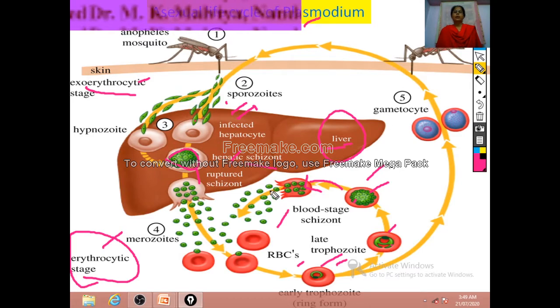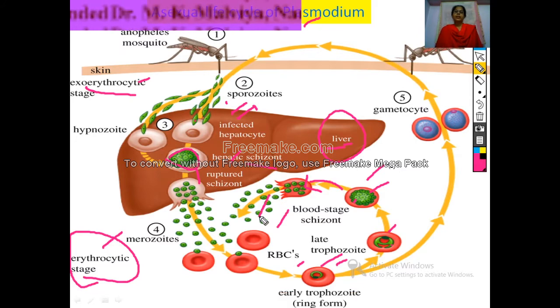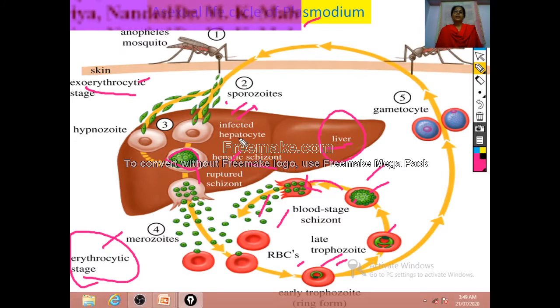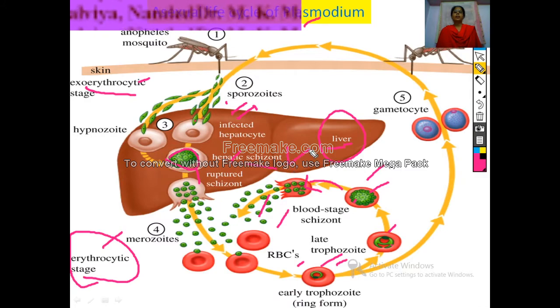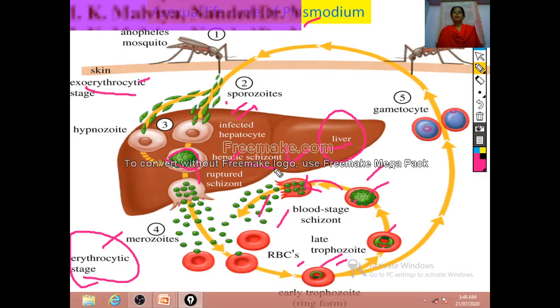What happens with the parasite? Here the hematozoan pigment which is formed is released in the plasma of that same man, and the first symptom of malaria occurs here, which is called the malarial fever. Why does the malarial fever appear in that person?